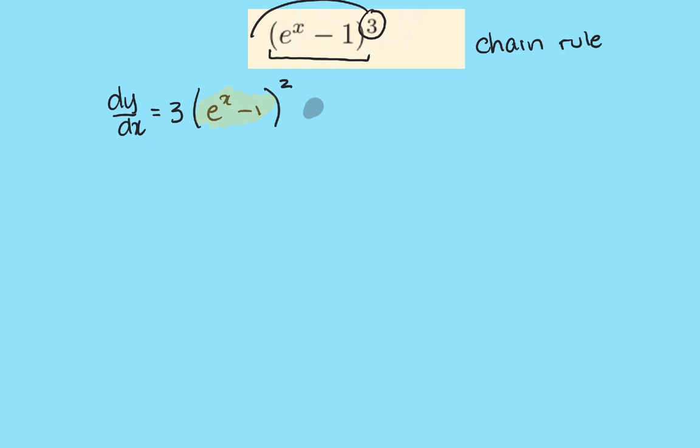So differentiating e to the x is e to the x. So we end up with 3e to the x, e to the x minus 1 all squared.